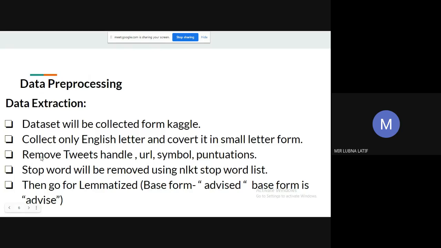Punctuation will be removed, and I'm also going to remove the stop words. Stop words will be removed using the NLTK stop word list, which is also available from an online platform. And I'm going to use the lemmatization method. That is, if a word is written in past participle form, it can be converted into its base form. For example, if a word is written as advised, it can be converted into advise, the base form of advised.